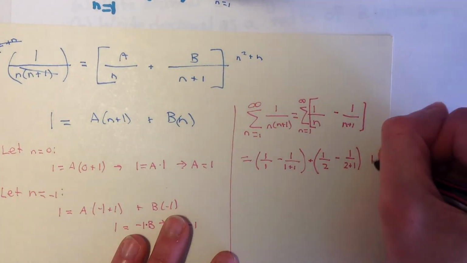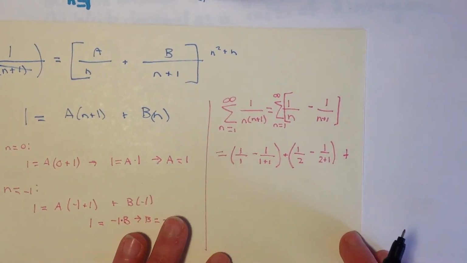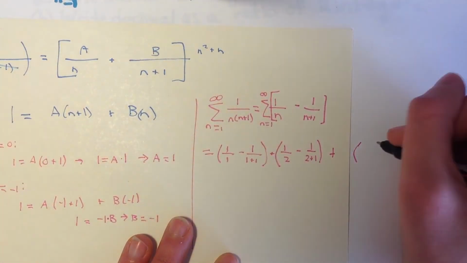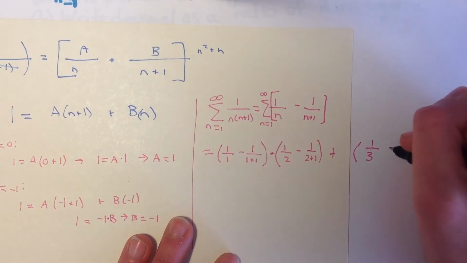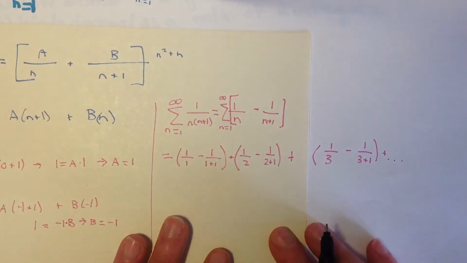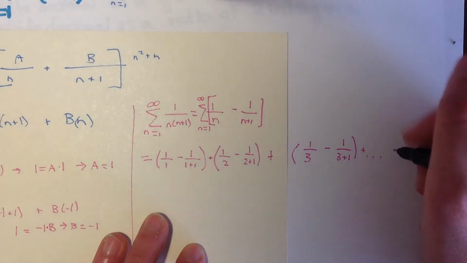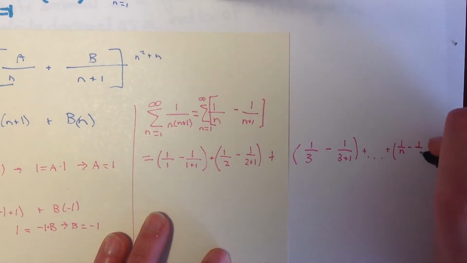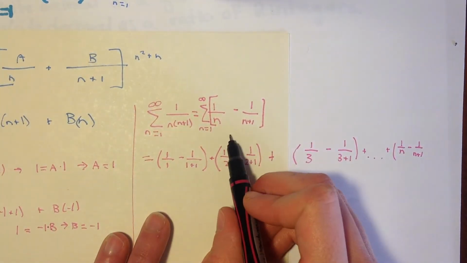My next term, I'm going to extend off of this index card onto the paper, is going to be 1 over 3 minus 1 divided by 3 plus 1. And this is going to keep going. The nth term of this series is going to be exactly the same as what's up here.